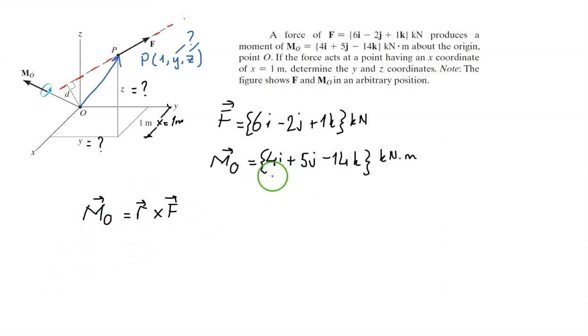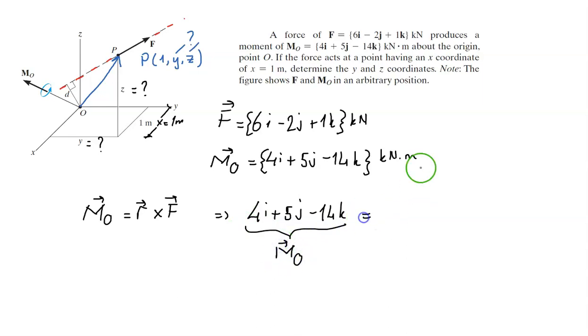So if you substitute the given moment vector, 4i plus 5j minus 14k, that is equal to the determinant of a matrix.